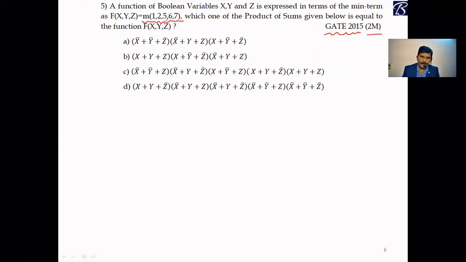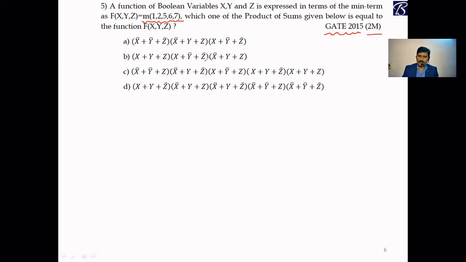Here it is SOP form. Small m indicates SOP. Now which one of the product of sums given below is equal to the function f of x, y, z? That means the given SOP we need to convert into POS form.